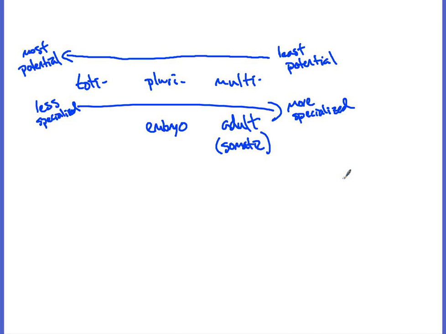Maybe depending on your culture and your definition, you might be thinking, oh, you have to be 19 years old before you can have adult stem cells. No, you have adult stem cells right now. In fact, that's all you have. You don't have any embryonic stem cells because you're not an embryo and you haven't been an embryo for like 15, 16 years. So I like that term somatic better because it's not as misleading. Somatic just means body, right? So any of those stem cells that you can find in your body now would be somatic, adult, multipotent stem cells.